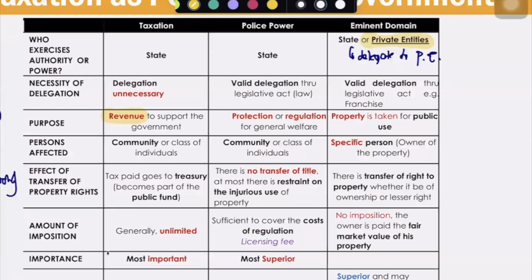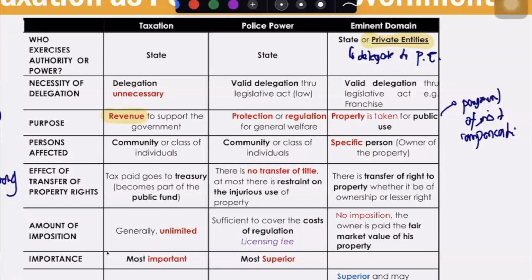Eminent domain is the usage of private property for public use. But take note, you cannot just get the private property without just compensation. So always remember here in eminent domain, there must be a payment of just compensation.